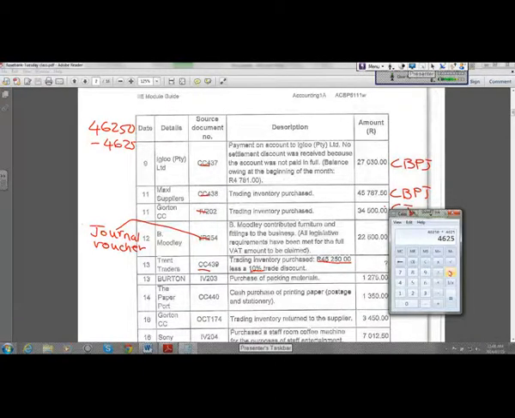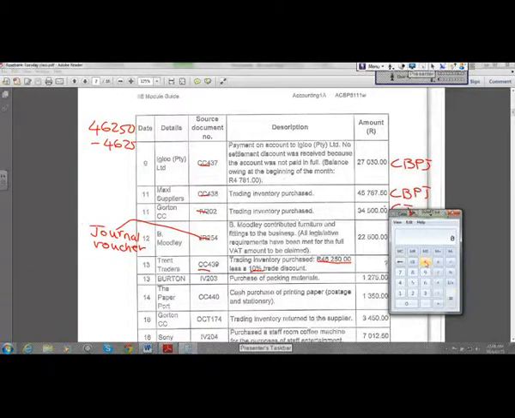We say 46,250 times 10%. Let's do it again. 46,250 times 10%. Here we go. Then you push the minus? No, it's the equal sign.